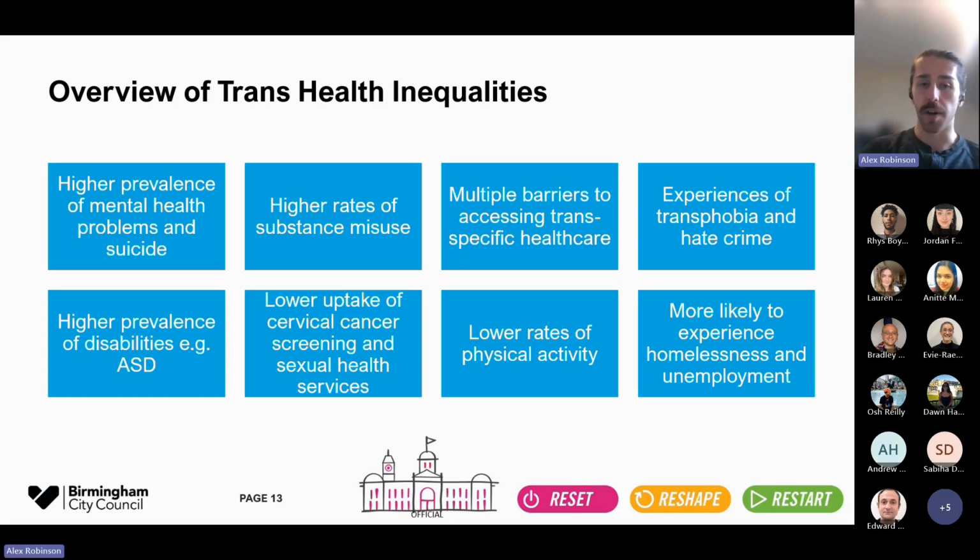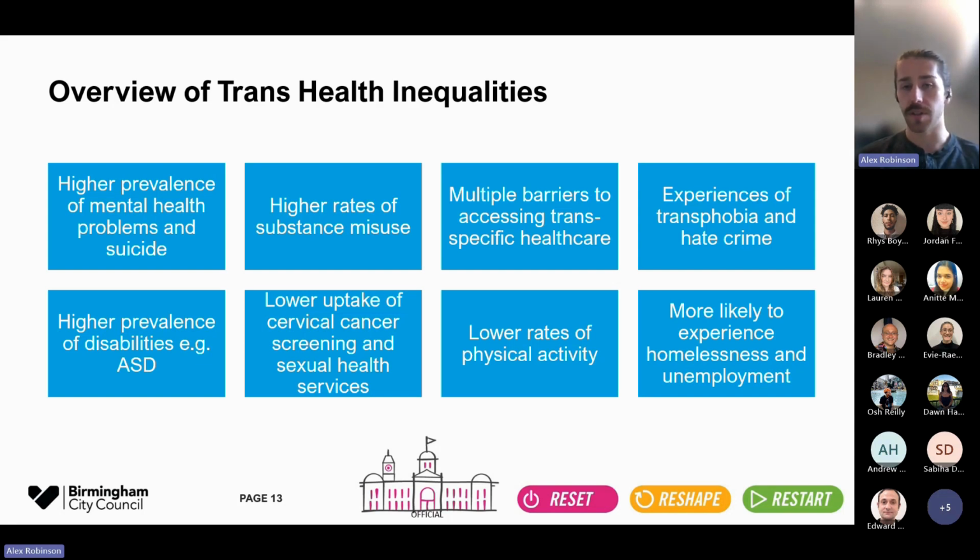There's also issues with lower rates of physical activity. So 52% of trans people achieve the recommended weekly levels of physical activity. That's compared to 60% of cis women and 62% of cis men. Trans people also experience inequalities and discrimination outside of healthcare settings as well.